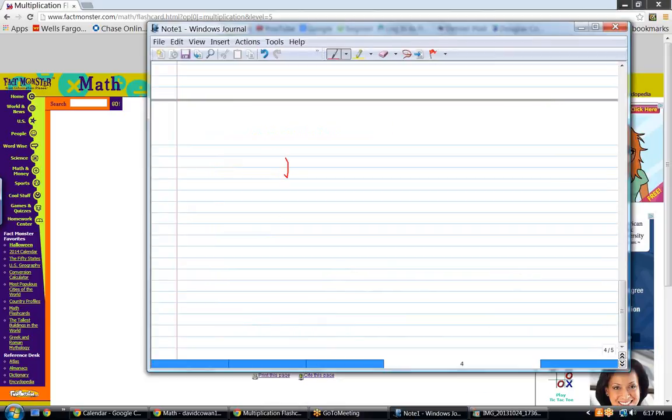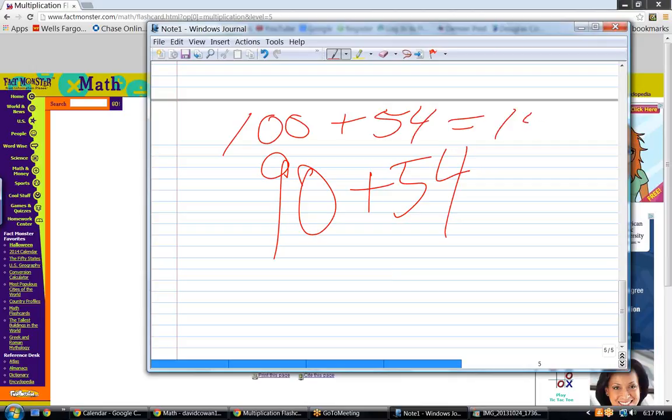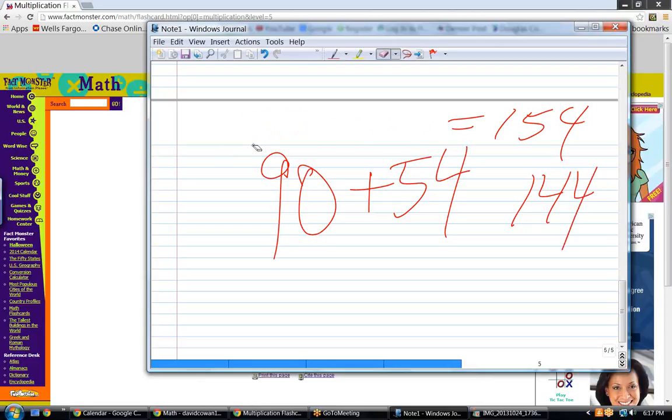Why is 90 plus 54 that? Well, if it was 100 plus 54, that'd be 154. This has got to be 10 less than 154, so I'm just going to take away 10 from 154, the way I'm going to do it in my head. 144. Right.